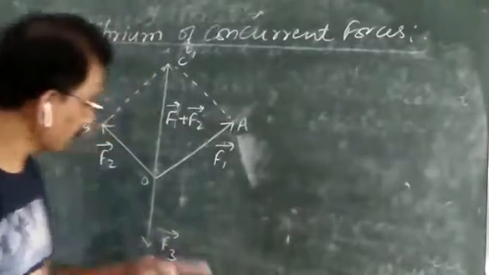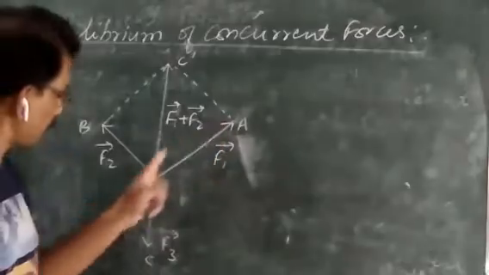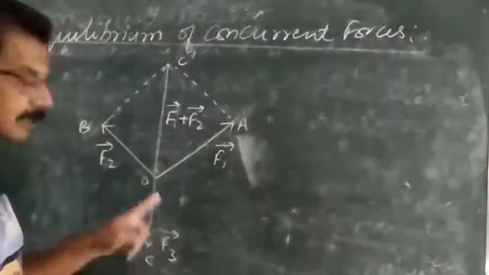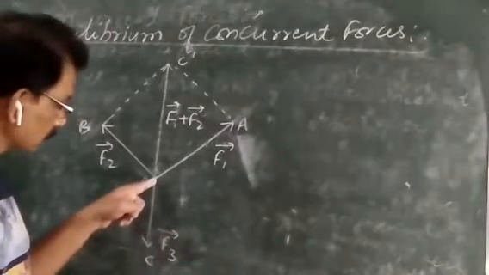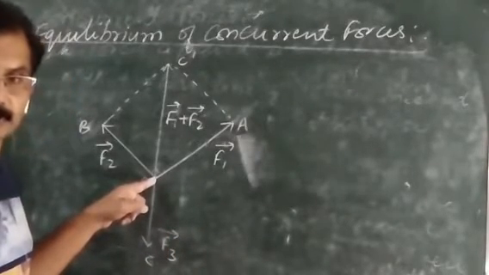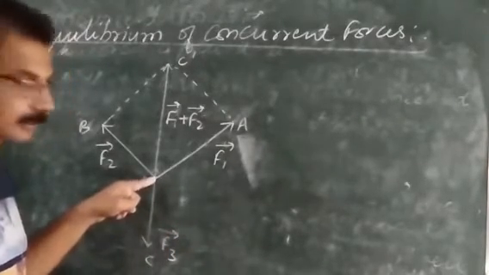तो जीरो के. कैसे? देखिए, suppose F1, F2, F3 are the concurrent forces. Why? Because it fulfill the condition of concurrency. What? All these three forces meet at the single point.